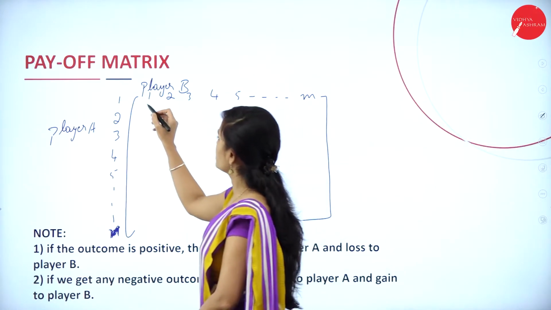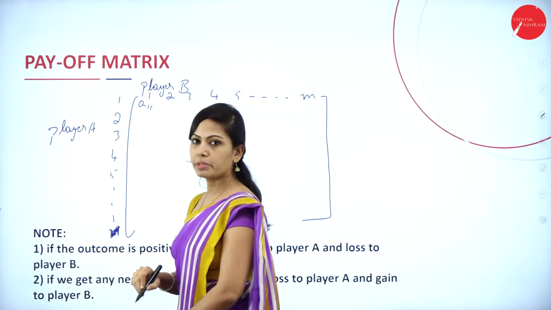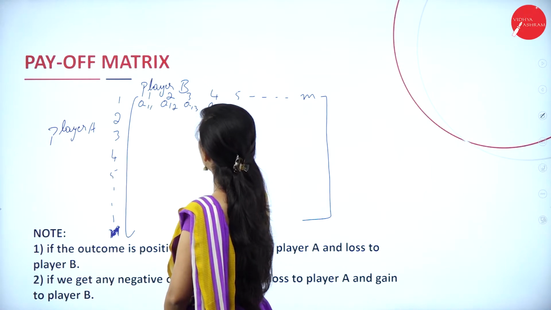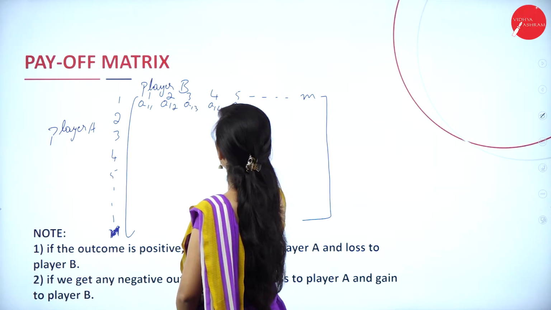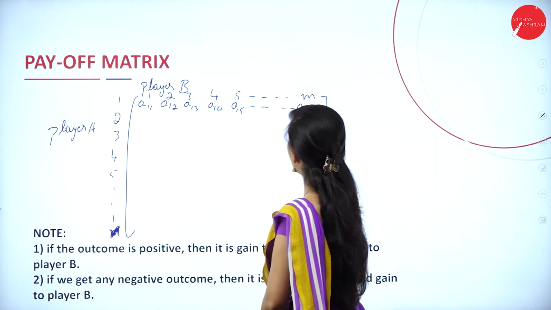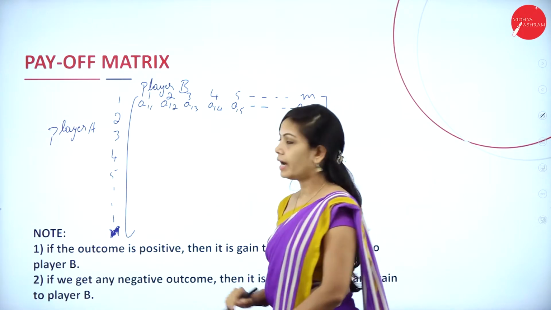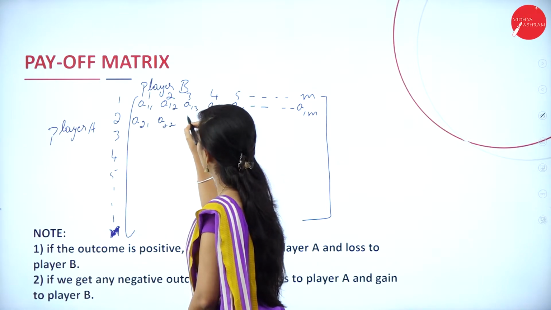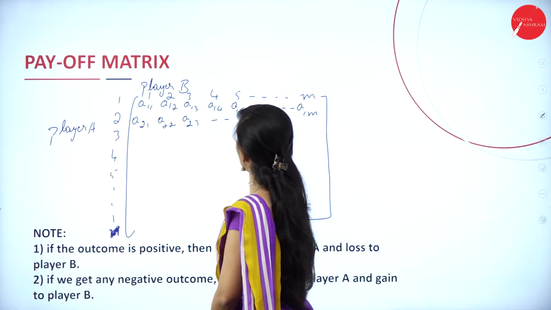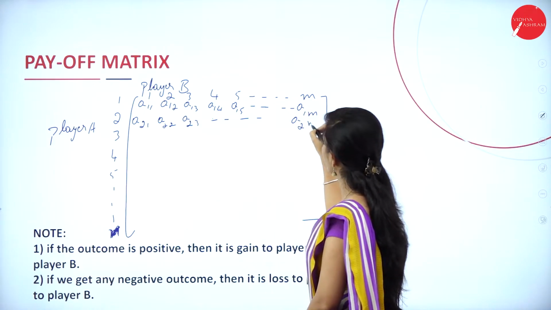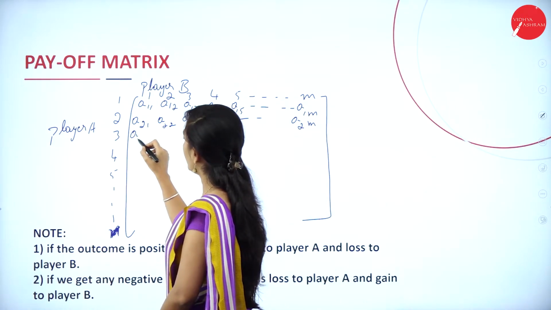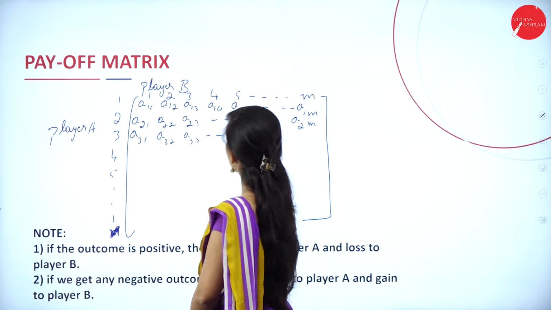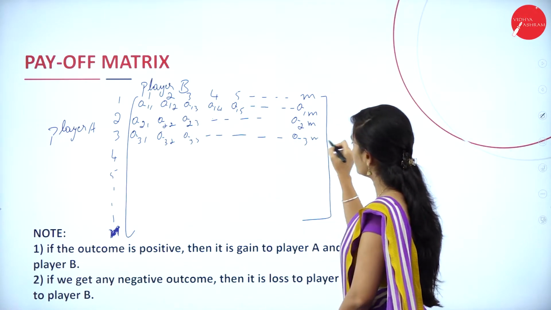So, the matrix means, example, I will start from A11, A12, A13, A14, A15 up to A1M, and A21, A22, A23 up to A2M, and A31, A32, A33 up to A3M.